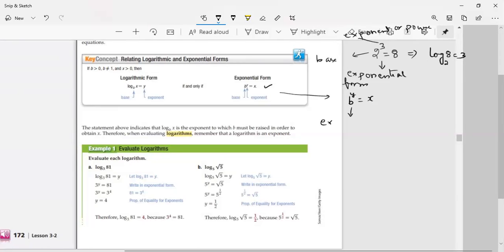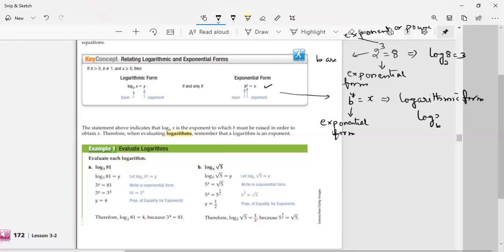Now when you convert it into logarithmic form, as I told you, you will write log, and the base b will stay as it is.